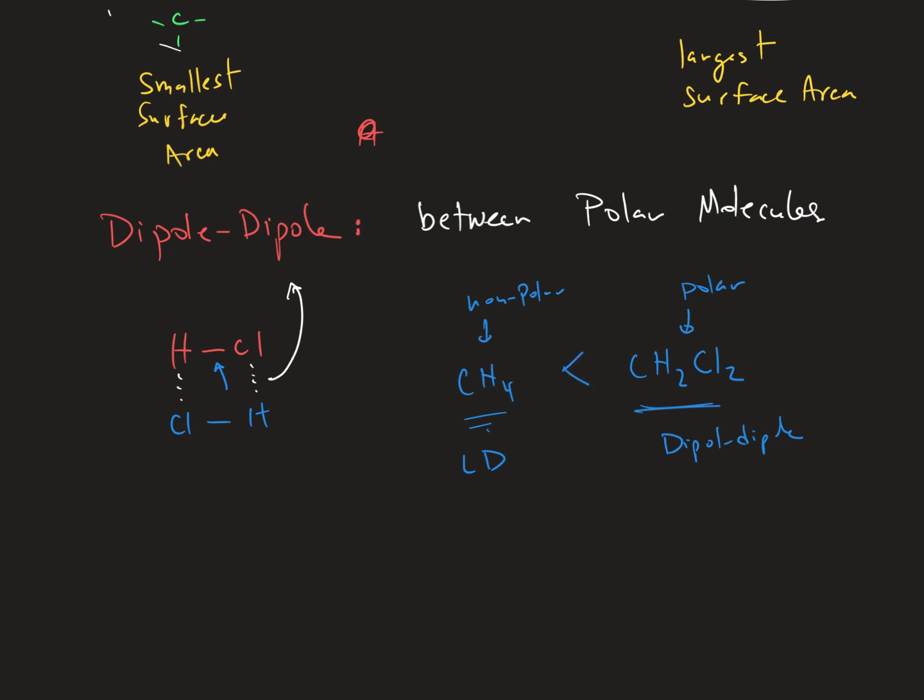So talking about melting point or boiling point, then the one with the dipole-dipole interaction is greater. And you don't have to worry about the mass. You only worry about the mass if they have the same intermolecular forces. Make sense? So what was the question? Which one has a higher melting point or higher boiling point?